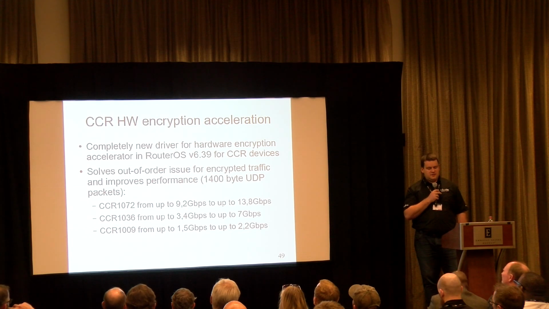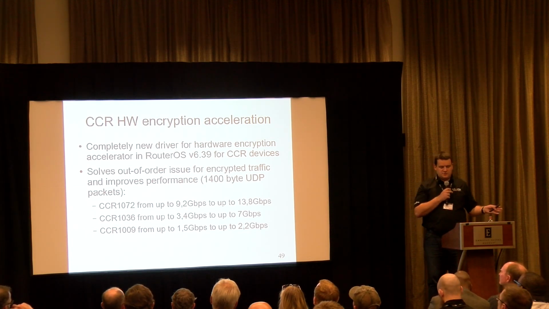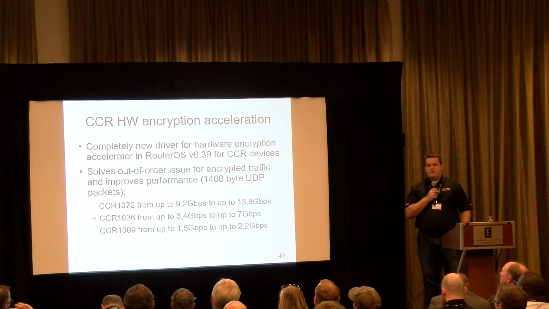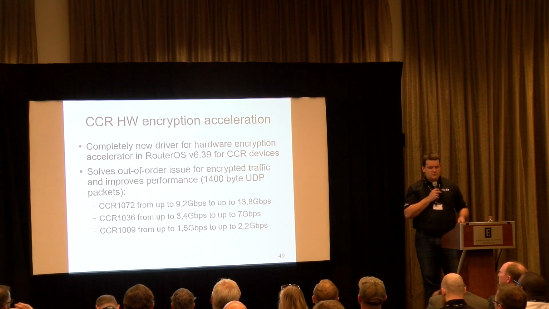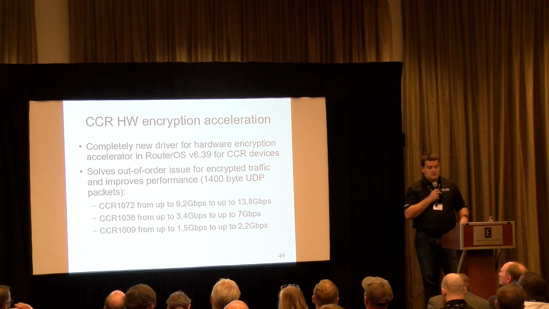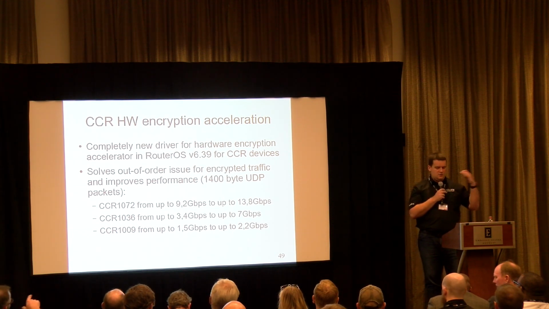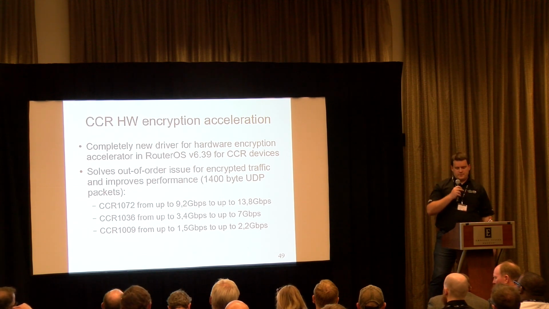And in 6.39, we completely rewrote the hardware encryption acceleration driver for all the CCR devices, basically to solve the out-of-order problem with encrypted traffic. Before, we had an issue where you send traffic in one order, and when it encrypts the traffic, it goes out in a completely different order, which causes mismatches on the opposite end, so the speed was reduced.